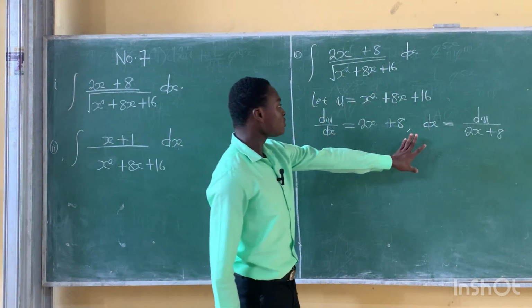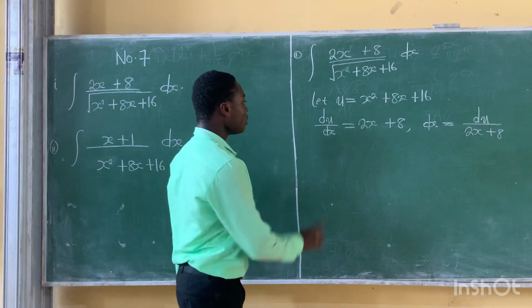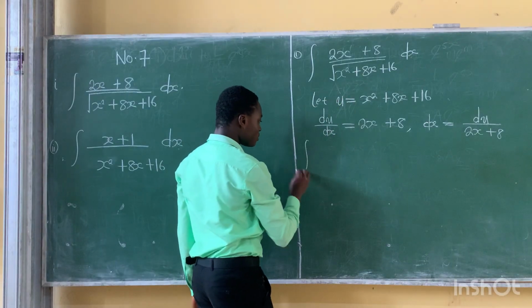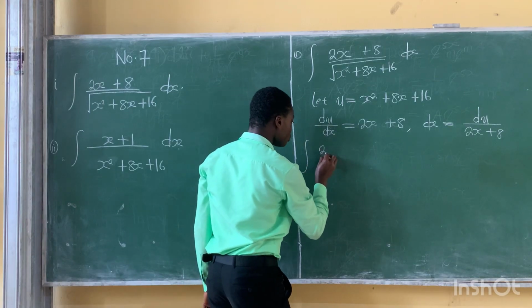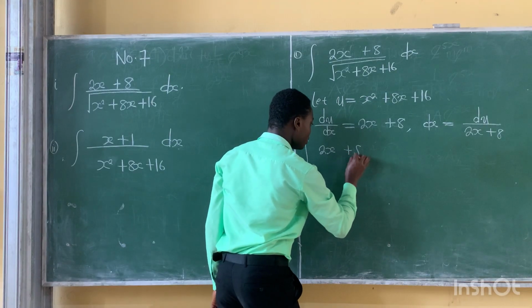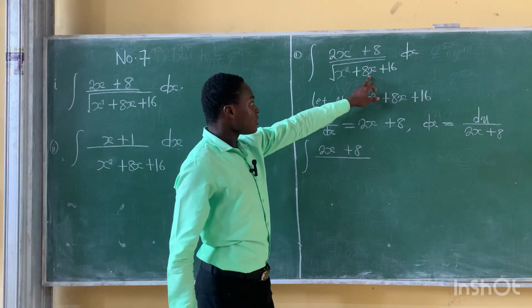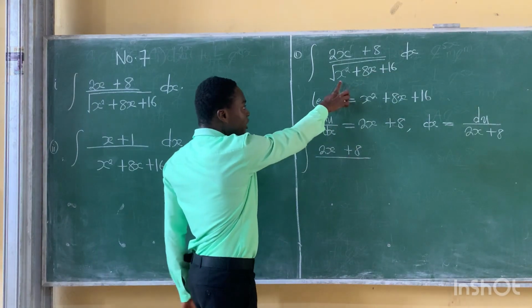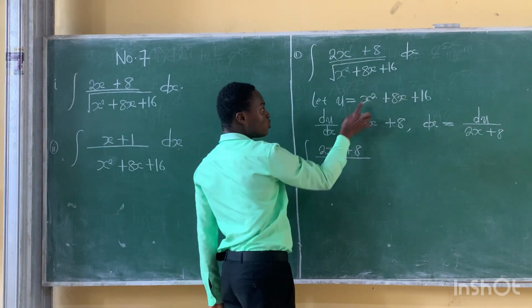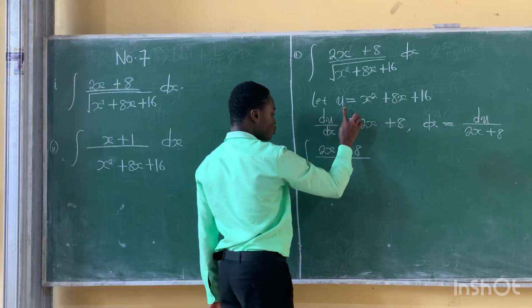So we are going to substitute everything back into the integral, so that the integral becomes the integral of 2x plus 8 over the square root of x squared plus 8x plus 16. But you have let x squared plus 8x plus 16 be equal to u. So in place of that, you substitute u.